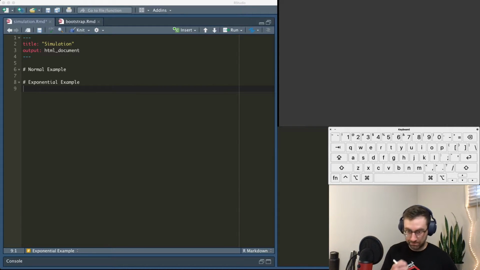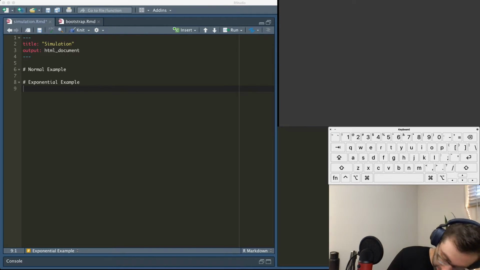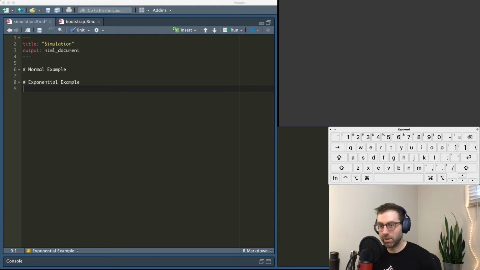So I first want to do an example with a normal distribution. I'm going to try to write big enough that we can see it. We can see it in the top right corner there. Let me know if that's not the case. I'm realizing I'm going to have to move some windows around on my computer, but we'll get it to work.